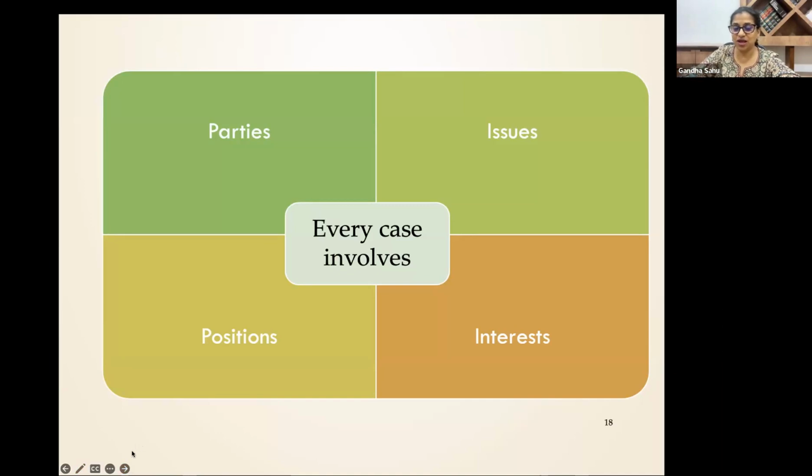So positions are the first stand that you take. So you say, I want so-and-so to pay me 1 crore of rupees.